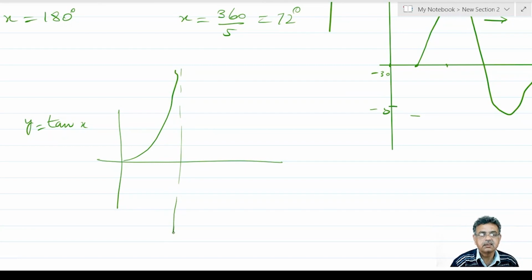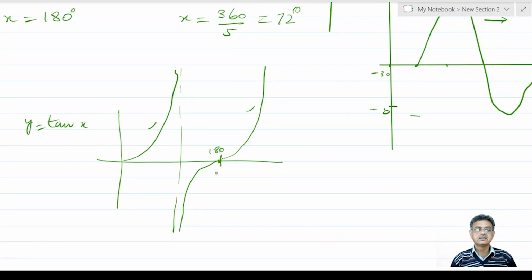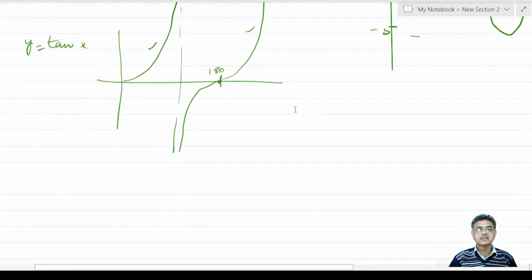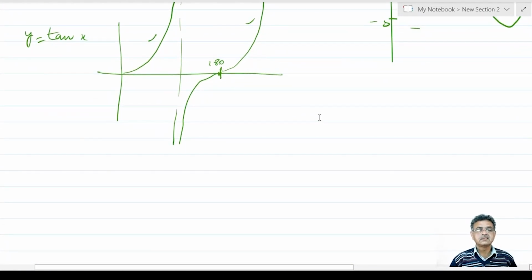This is 90 degrees, and then it comes here. This is 180 degrees. And you can see that the graph is repeated. The same thing is repeated here. So one cycle of tangent x is completed in 180 degrees, so the period of tangent x is 180 degrees.